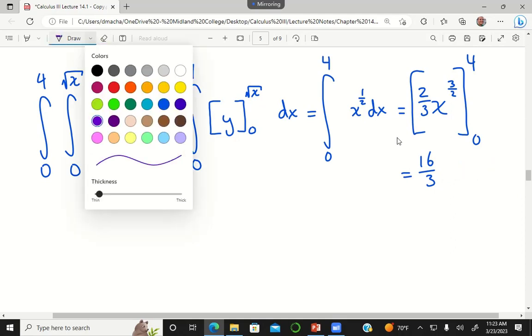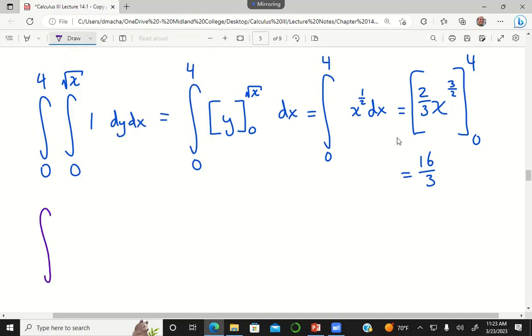Okay. Now what if I try to evaluate the other way of doing this, where I had dx and then dy as the opposite order of integration, where this was going to go from 0 to 2, and this was going from y squared up to 4.